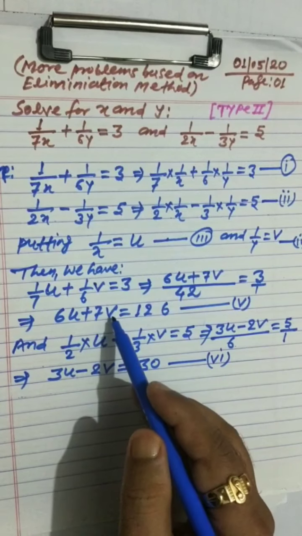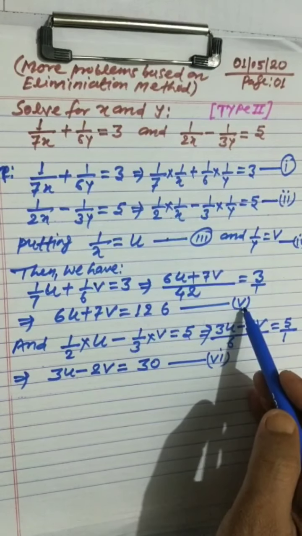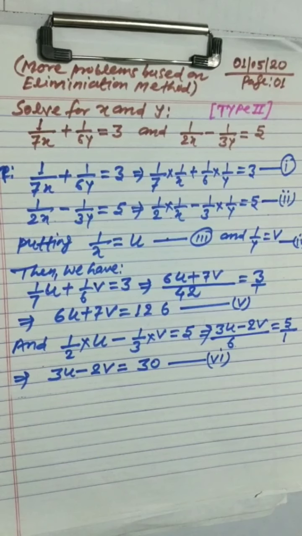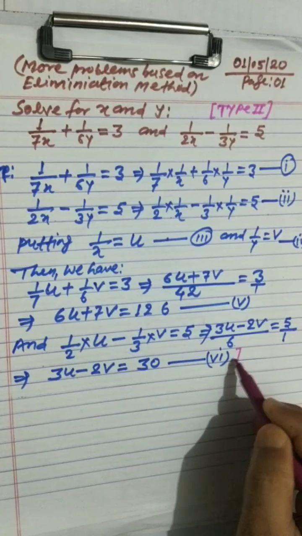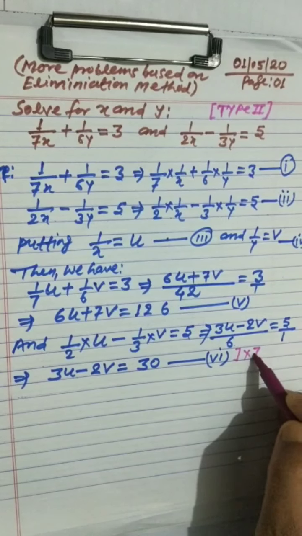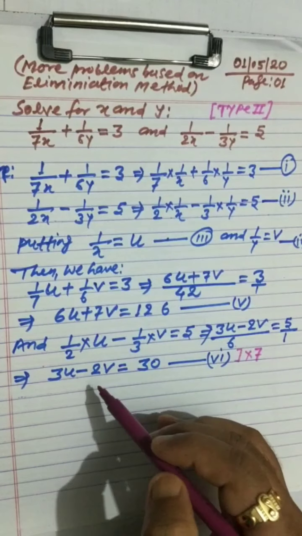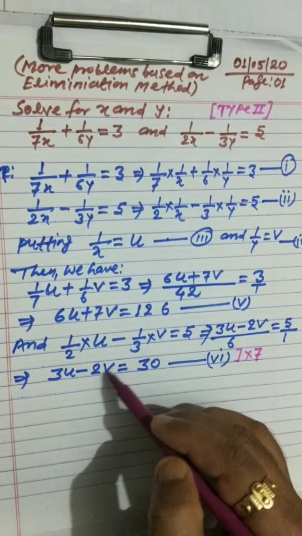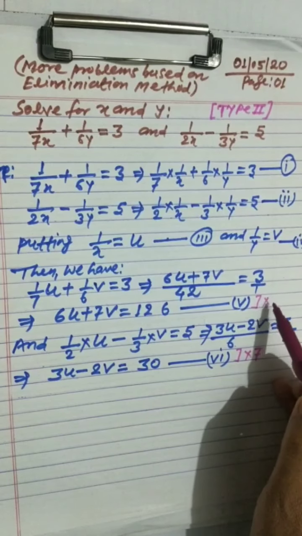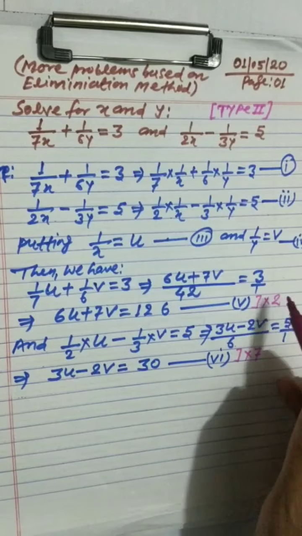The coefficient of v in equation 5th is 7. So multiply equation 6 by 7. We are going to eliminate v here, and the coefficient of v in equation 6 is 2. So let us multiply equation 5 by 2.